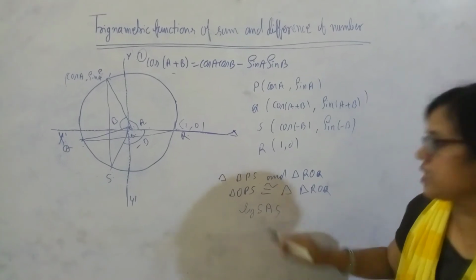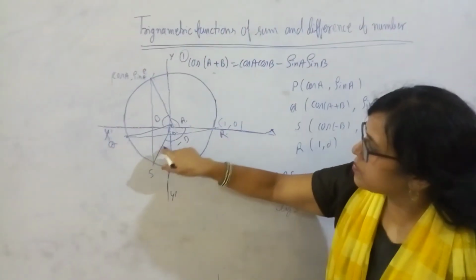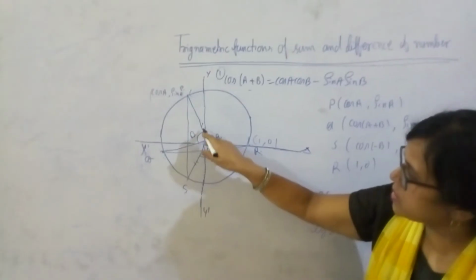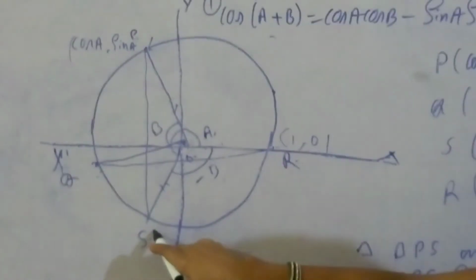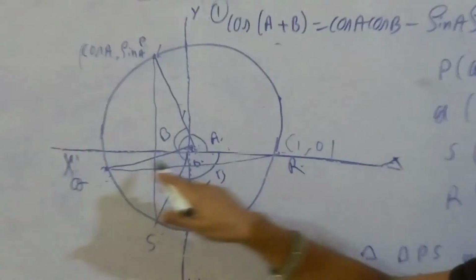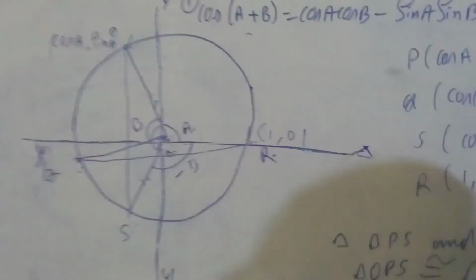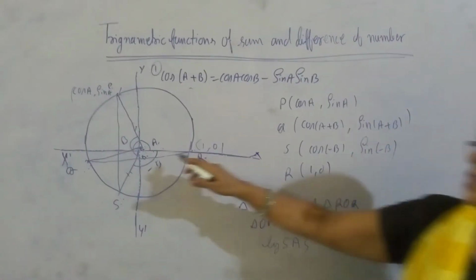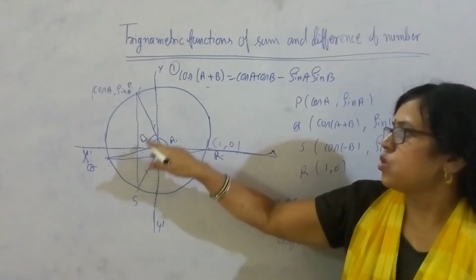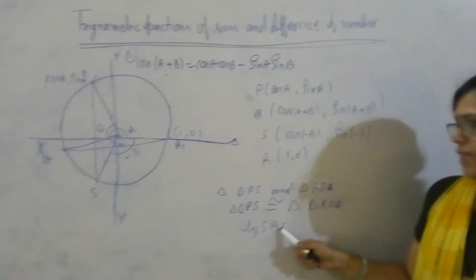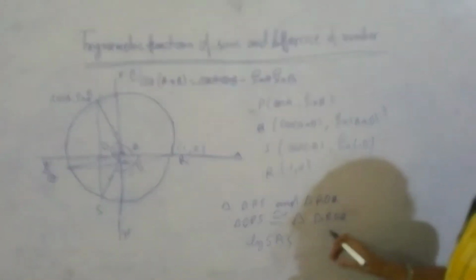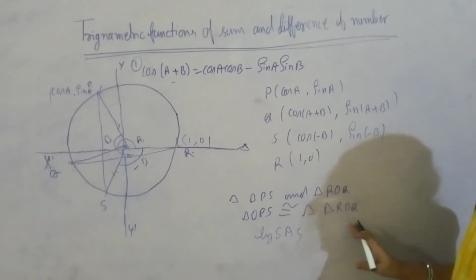Why SAS? These two sides and this angle, which is POS and QOR. These two angles are the same and these two sides are the same. It means by side-angle-side congruency, these two triangles are congruent.